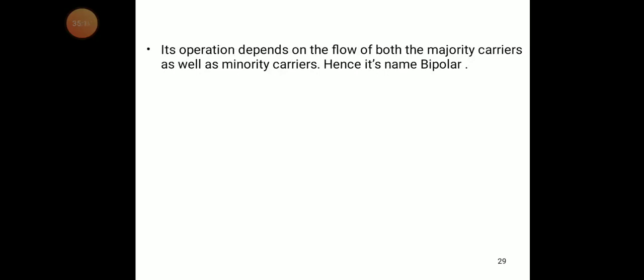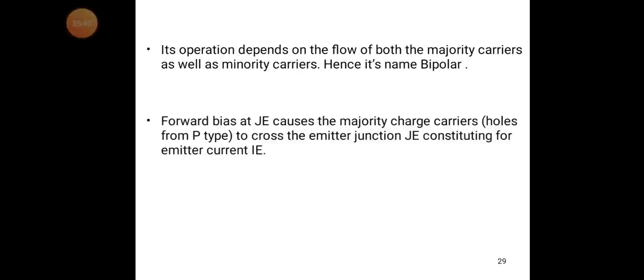If you see, in the emitter and collector there are majority charge carriers, while in the base they are minority charge carriers. That's why its operation depends on both, hence the name bipolar.